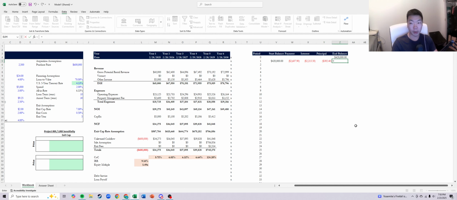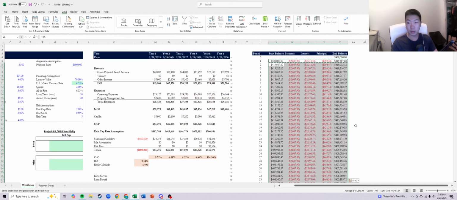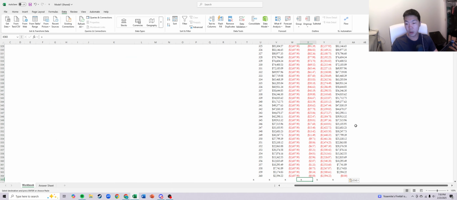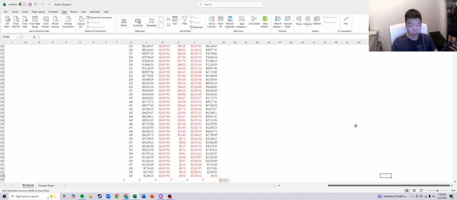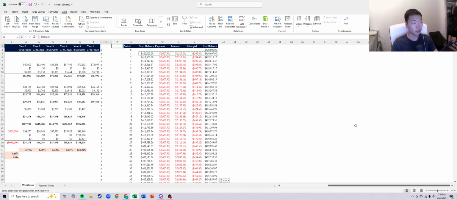Okay, now our end balance, our loan balance, would be our start balance minus our principal amount. But since it's negative, I can just add it together. And there we go. Okay, hopefully I did everything right. Let's double check. You know you did it correctly when you see a nice clean 0 at the last period.